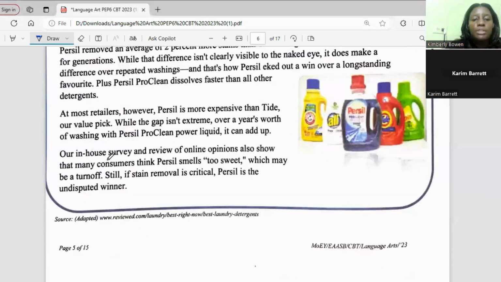Our in-house survey and review of online opinions also show that many customers think Persil smells too sweet, which may be a turn off. Still, if stain removal is critical, Persil is the undisputed winner.